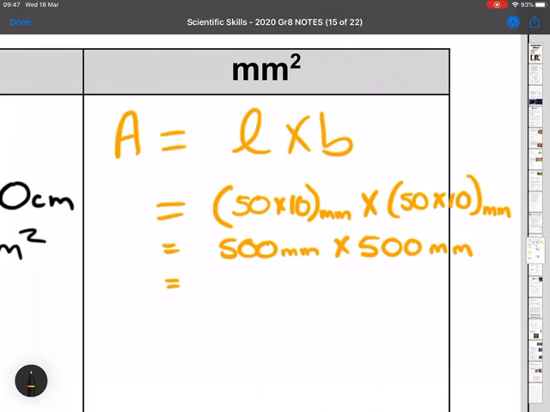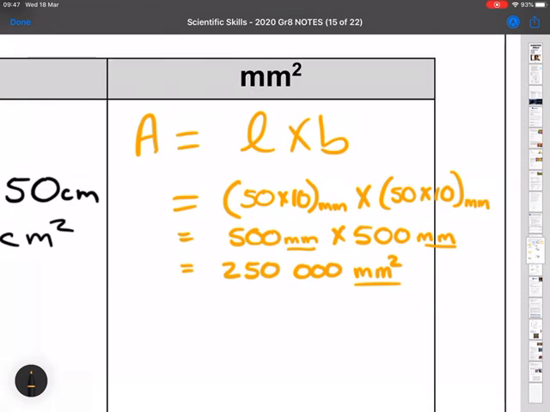And 500 times 500 is going to be 250,000 square millimeters. Remember, a millimeter times a millimeter is going to be a millimeter squared.